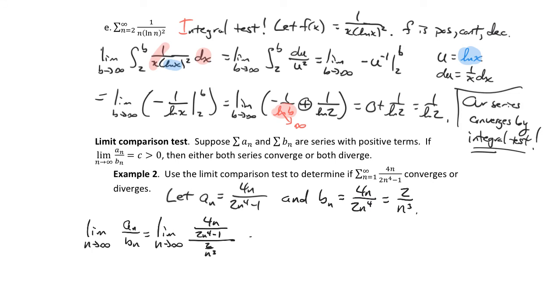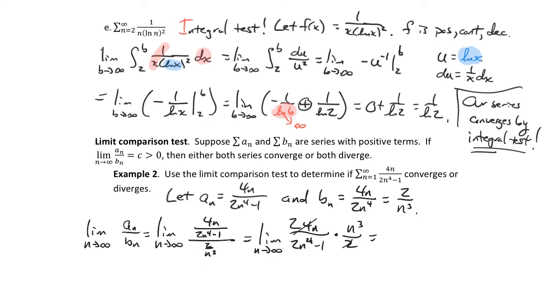I'm dividing a fraction. When you divide fractions, you take the reciprocal of the denominator and multiply by that reciprocal. So it's going to be n cubed over 2. Now we can reduce: 4 divided by 2 is 2.